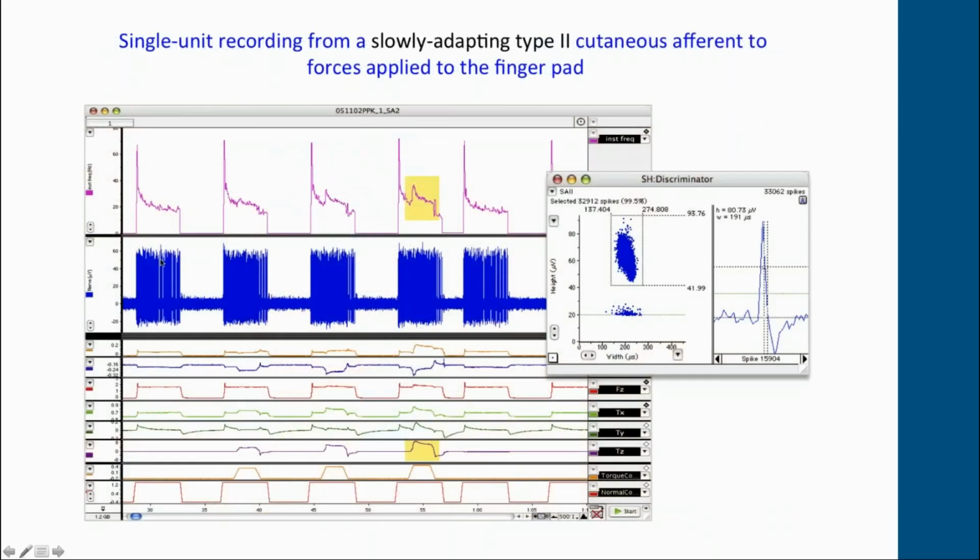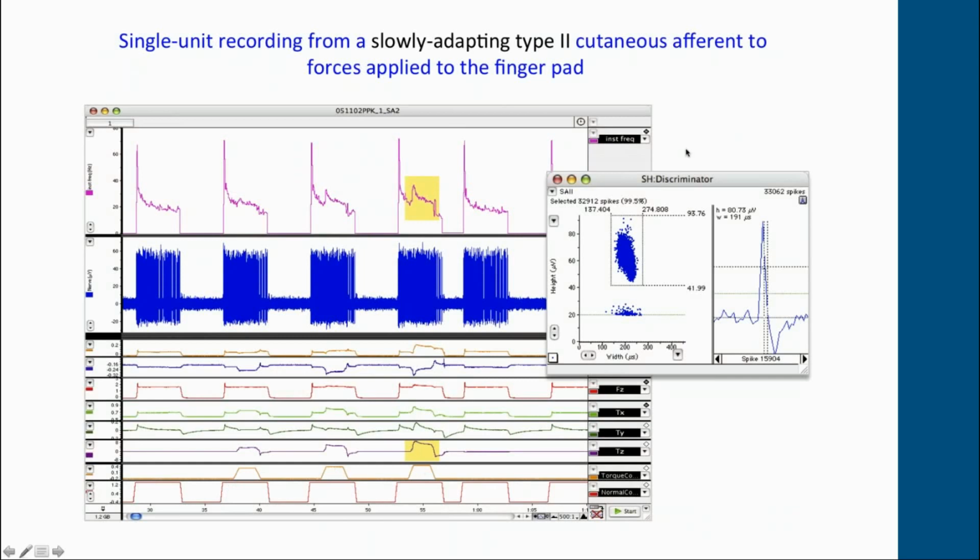So using the NeuroX, as I mentioned, we can get very crisp recordings from single myelinated axons. This is a slowly adapting type 2 ending, a Ruffini ending in the finger pad, and here we're just applying a compressive force to the finger pad in each of these positions and superimposing a rotational or torque force.